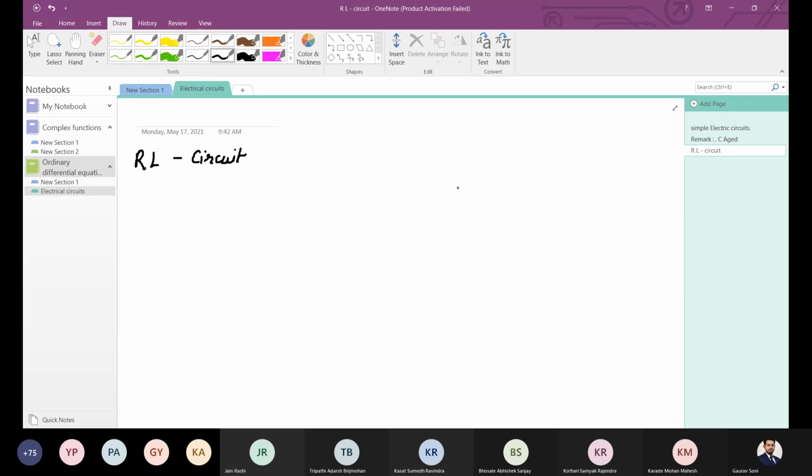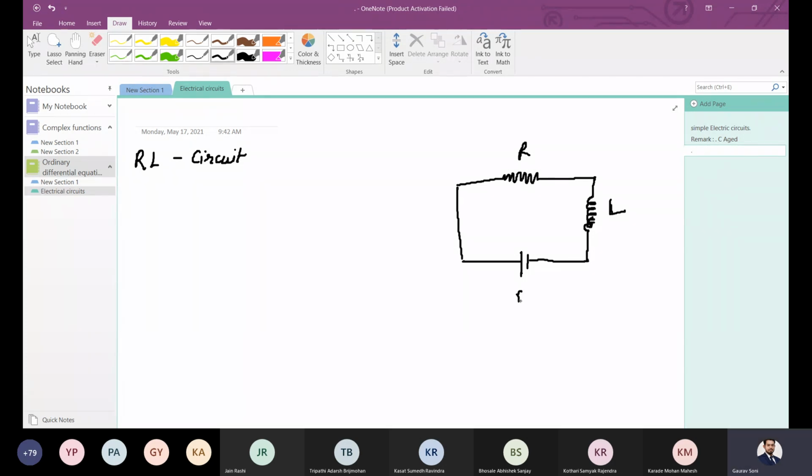So I draw the circuit. So this is resistance, this is the inductance L, this is the applied electromotive force E, negative, the current.